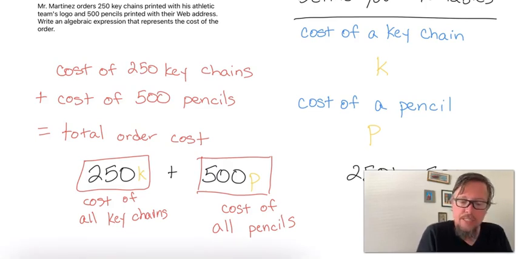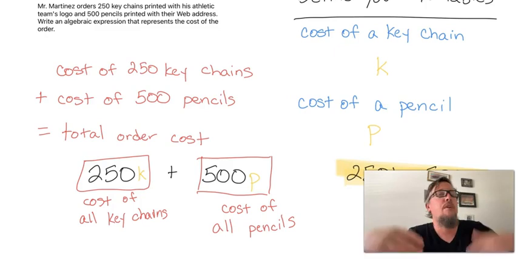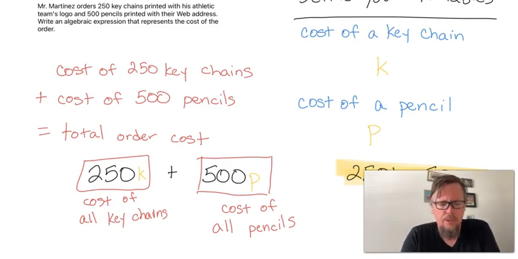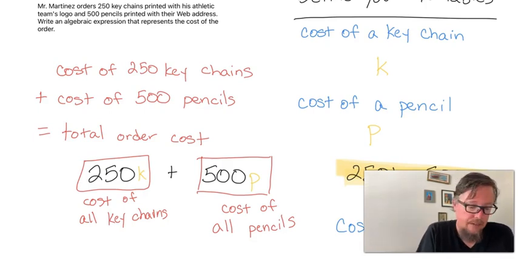There it is. So when you get a paragraph of information, the very first thing you do is just read the problem all the way through without writing anything down. Then go back and ask, okay, in that problem, what things need to be variables? Meaning, what are the values that I do not know? You may have been tempted to say, oh, well, I don't know the cost of the order. We could have used a third variable for the cost of the order, let's say C for cost or T for total, whichever you like.